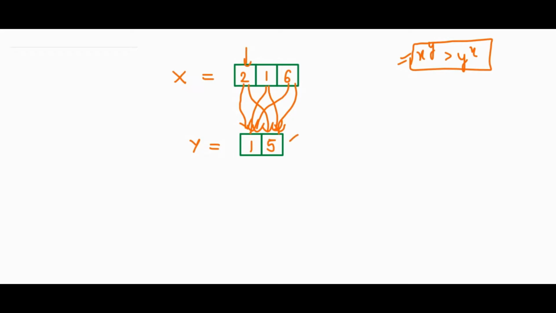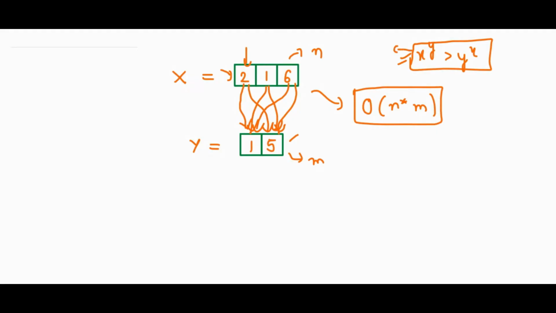Okay. So this approach will take big O of n into m time. So n is the size of the x array and m is the size of y array. So the time complexity will be big O of n into m, because for every value of x we are trying to find if this condition is true or not for every value of y.